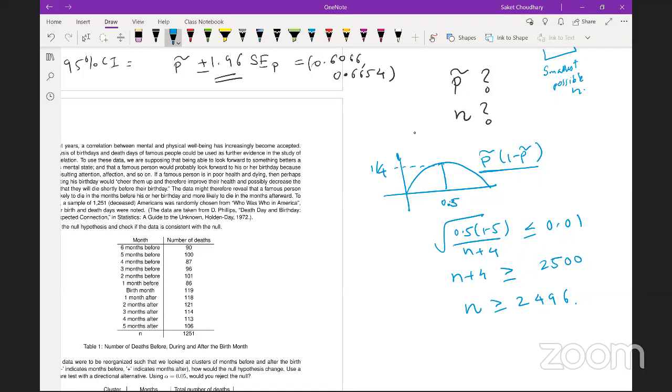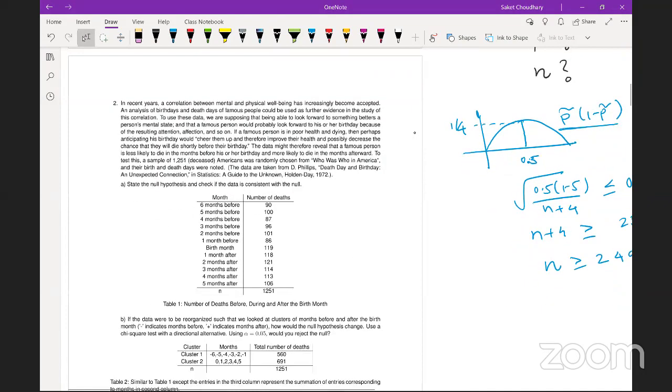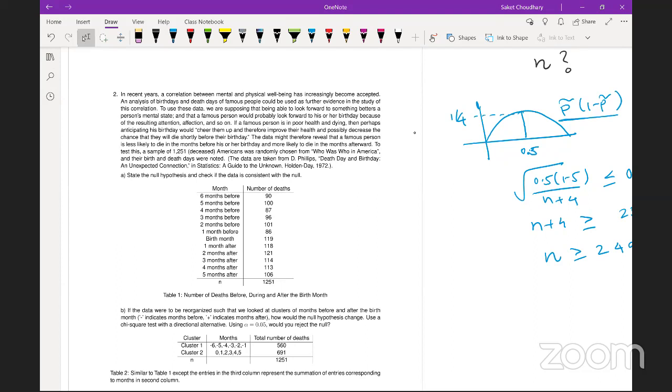All right. Okay, so we move to problem 2, which is a quick introduction of what we do in hypothesis testing, but now we are going to work with what is called categorical data.